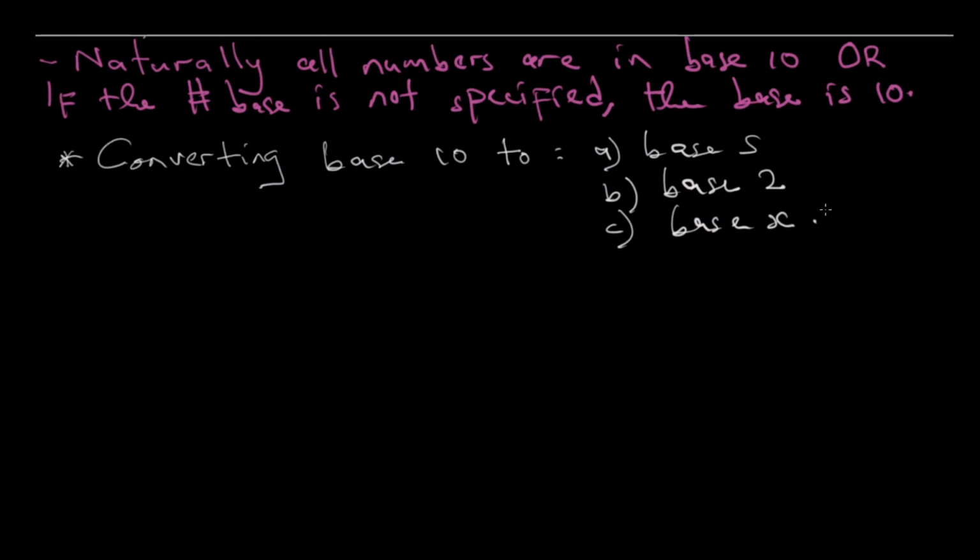So what we are going to practice now is the conversion from base 10 to base 5, base 2, and by base X, I just mean any other base. Then in a later video, we are going to discuss the reverse operation of converting from base 5, base 2, base X back to base 10.